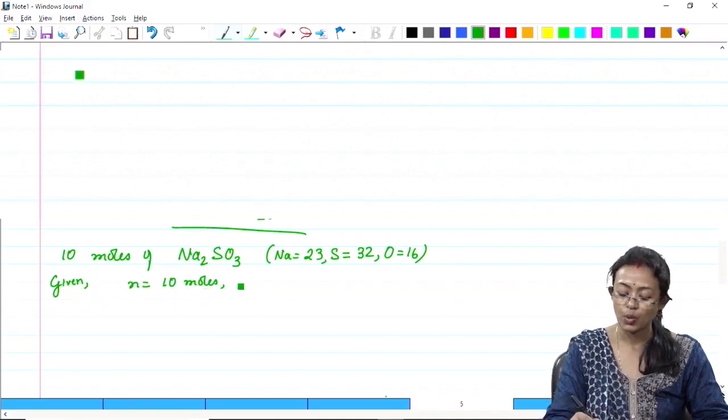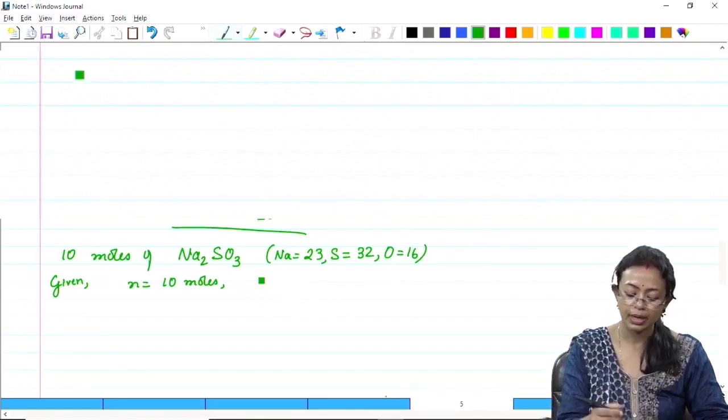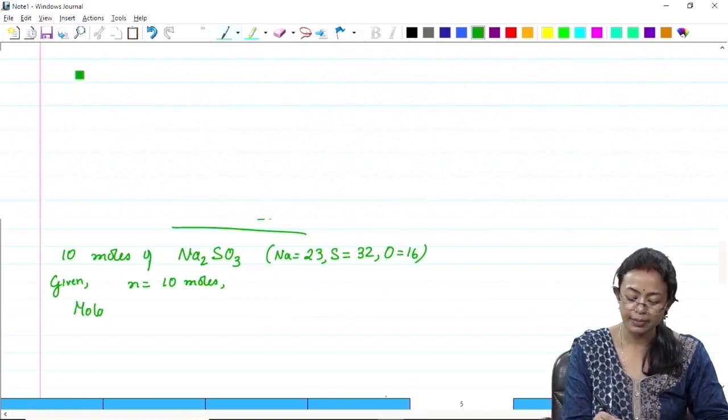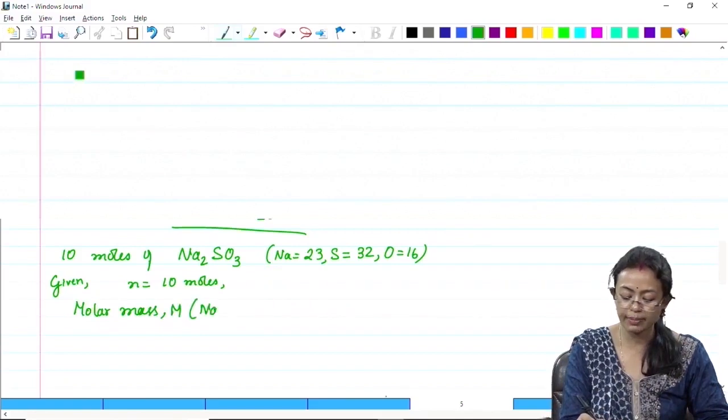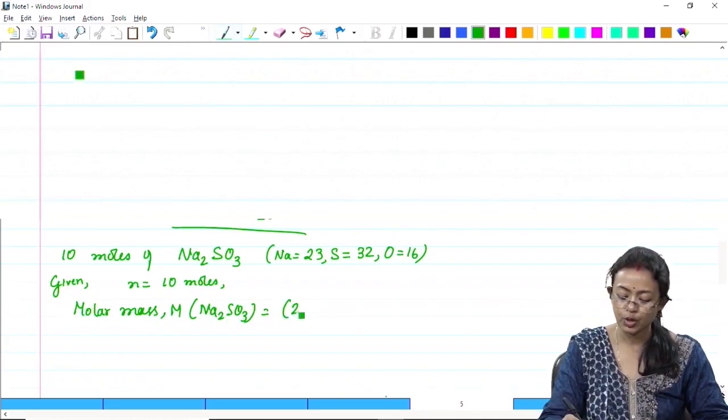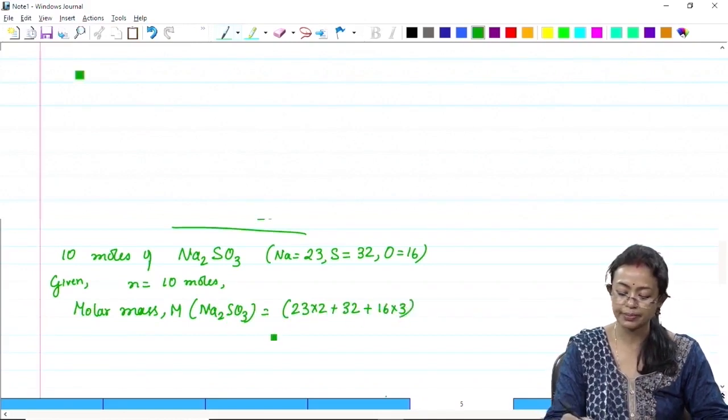Alright, M we have to find out, which can be done with the help of these atomic masses. So for finding out M, what we can do, molar mass M of sodium sulfite is equal to 23 into 2 plus 32 plus 16 into 3.